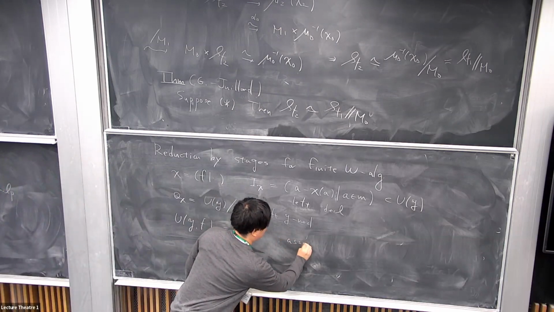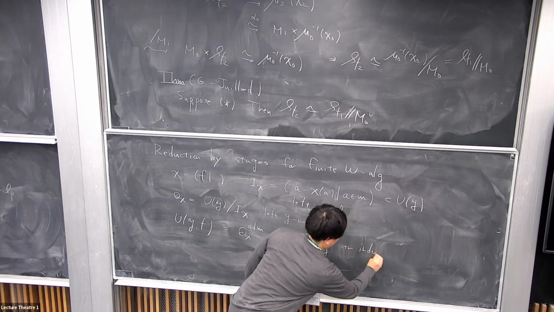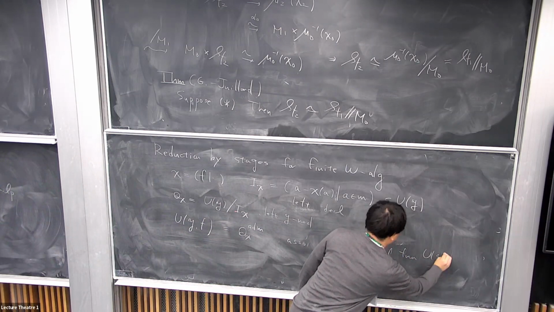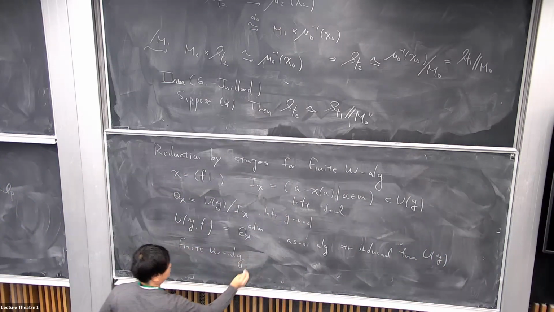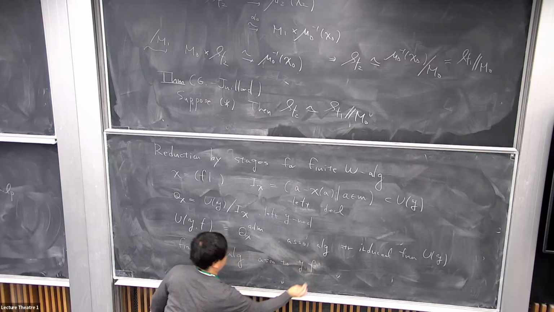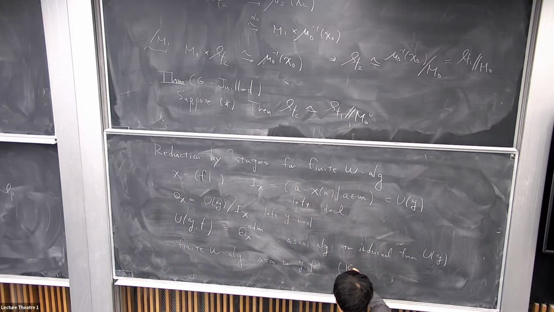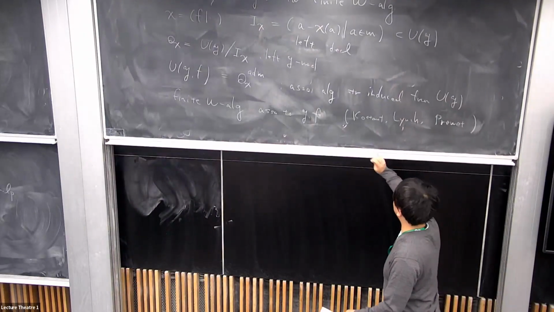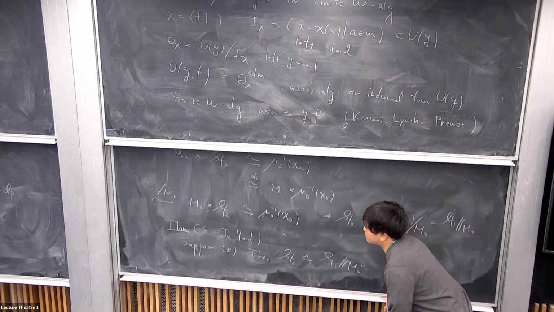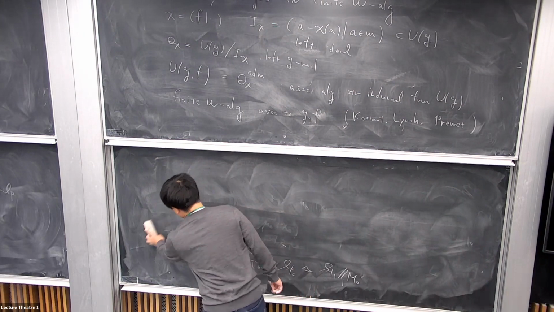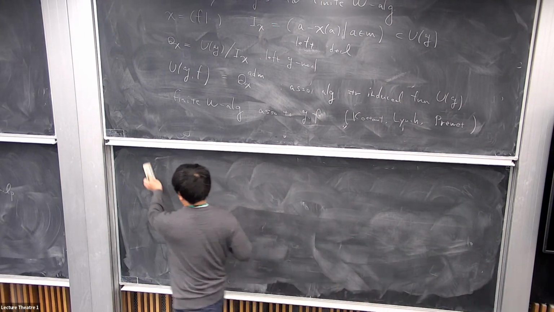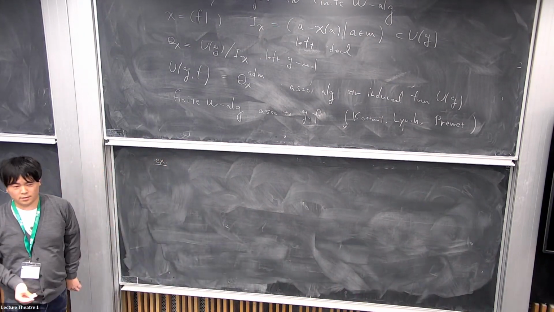This has an associative algebra structure, and this is called the finite W-algebra. It was first studied by Kostant, with some generalization studied by Lynch, and the full generality is defined by Premet.